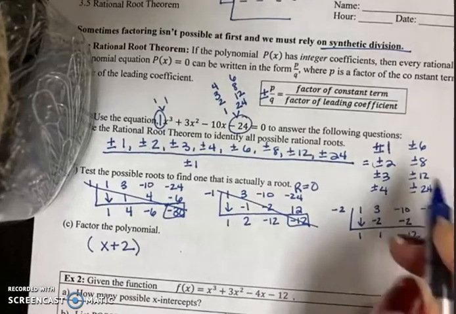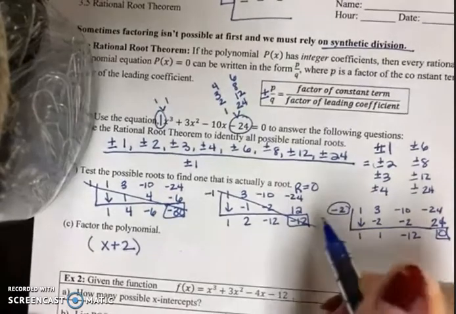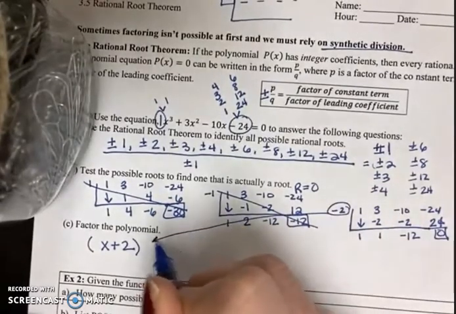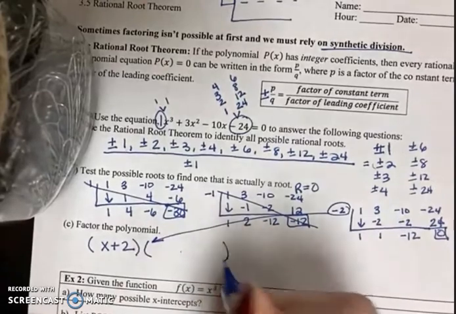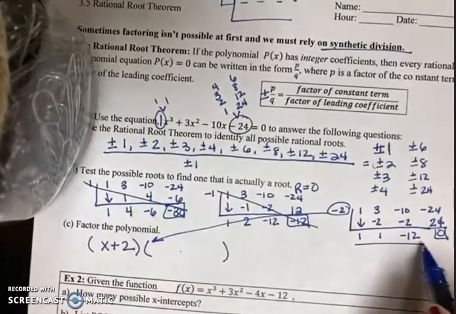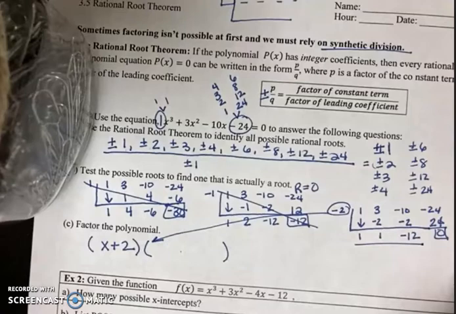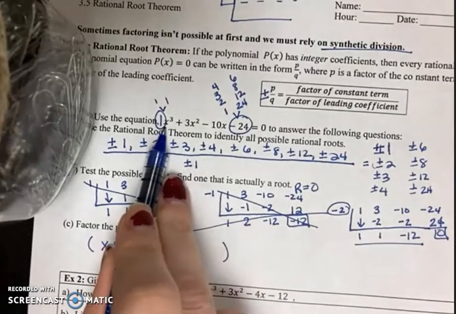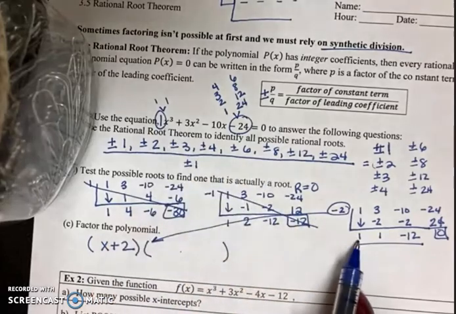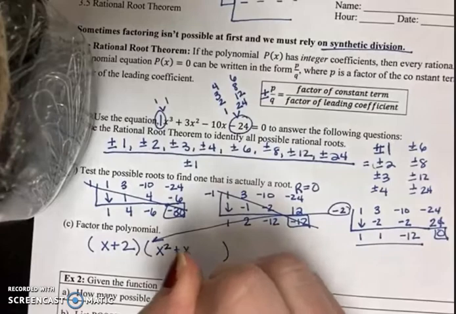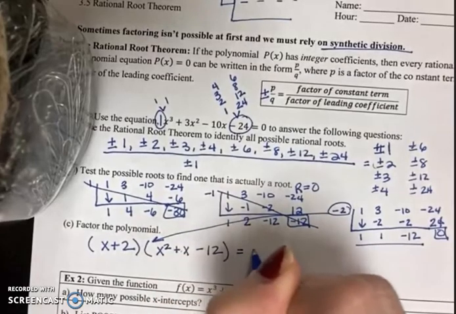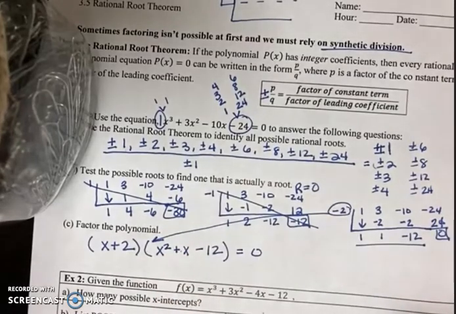So once again, that negative 2 needs to be written as a binomial. And then in parentheses, I would write my new quotient. We started with an x cubed, so now I know this is x squared. I have 1x squared plus 1x minus 12 equals 0.